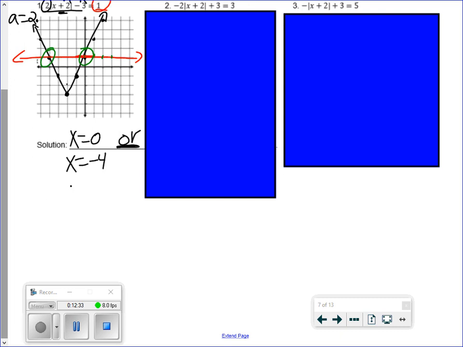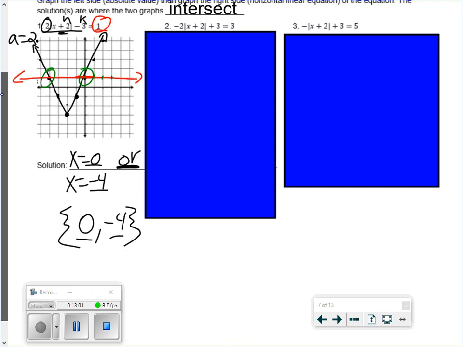And that's just drawing those fancy squiggly brackets and putting both of your x value solutions in there. So 0, -4. That's saying the solution set is 0 and -4. Those are our solutions to this problem. It doesn't matter if you put it in least to greatest, greatest to least, whatever. As long as it's in the set, it's okay.